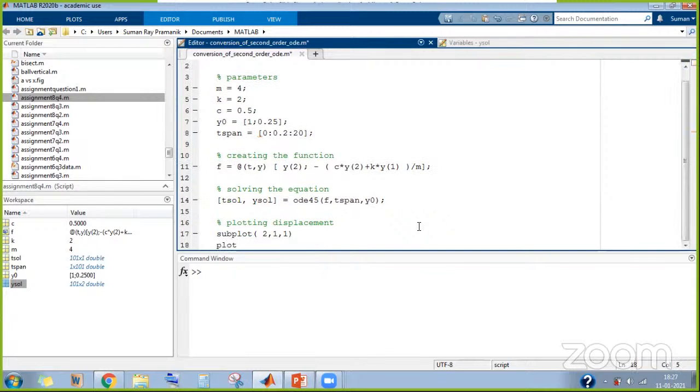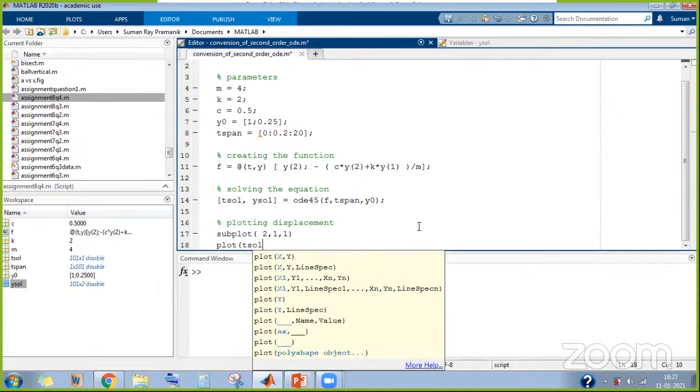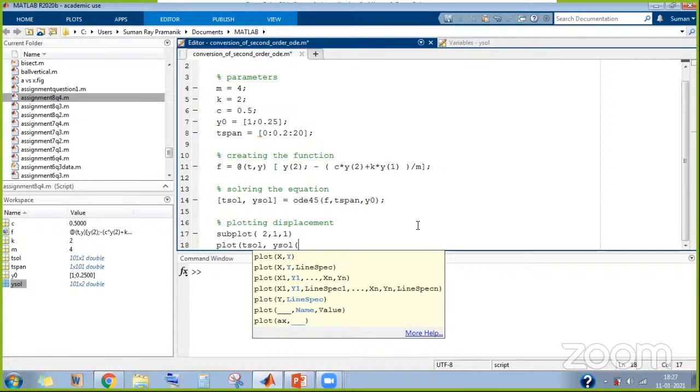Now I will plot t sol comma y sol of, because all the elements of the first column of y sol were my displacement. A colon will indicate all the rows of y sol, comma 1 will indicate the column number of y sol. So this will help me plot the displacement with respect to time.